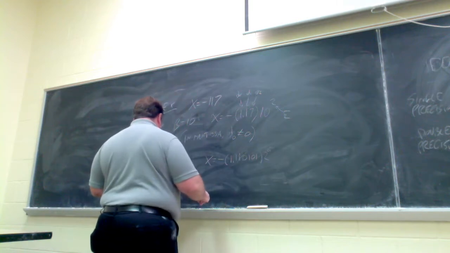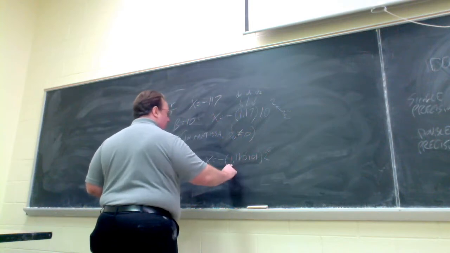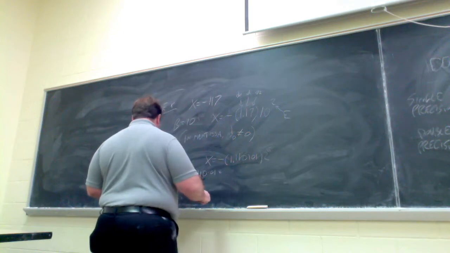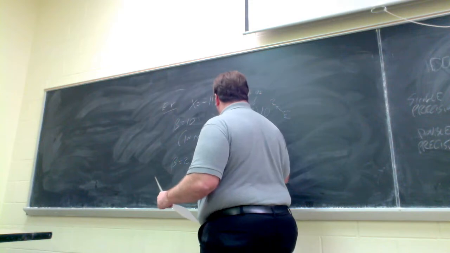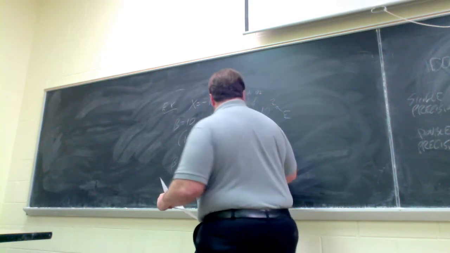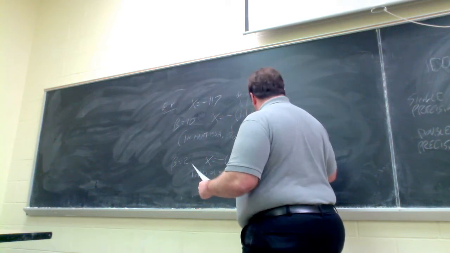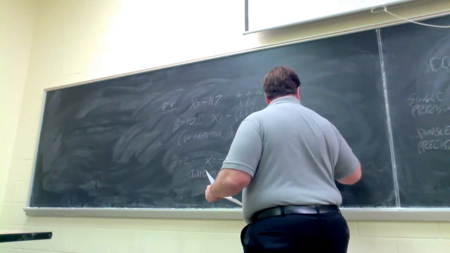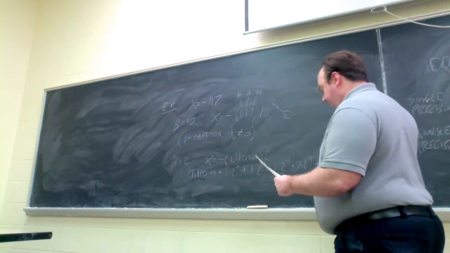If I convert this into a decimal, 1.110101 is interpreted as the first digit times 2 to the 0, plus the second digit times 2 to the minus 1, plus the third digit times 2 to the minus 2, and so forth, all the way up to 2 to the minus 6.